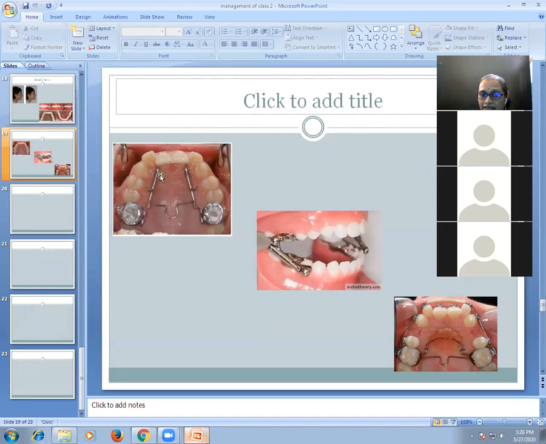After correcting this hindrance, this retroclined upper incisors, mandible will jump up, or else we'll have to apply some growth modulations like fixed functional to correct the jaw relation. Then, if the patient is having crowding in the class 2 div 2, we'll have to go for extraction.